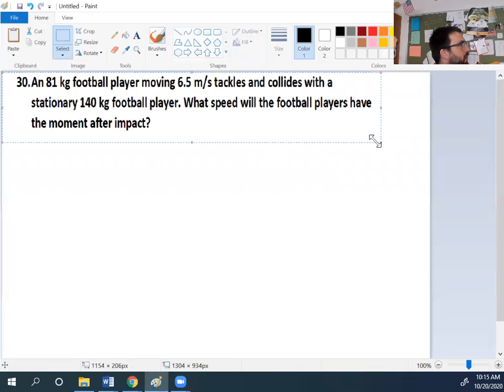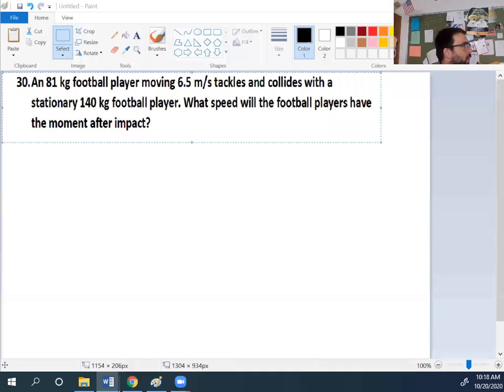There's my next question. An 81-kilogram football player moving at 6.5 meters per second tackles and collides with a stationary 140-kilogram football player. What will be the speed of the football players the moment after impact? So I'll give you a second to write that down, and then we'll come back together.